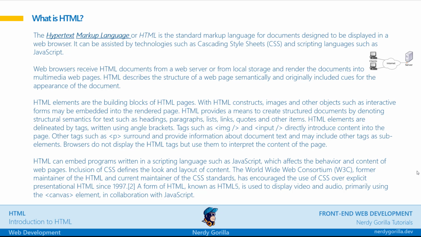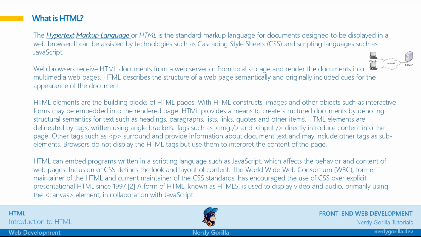Browsers don't display these HTML tags, but in reality they use them to interpret the content of the page. HTML can embed programs written in a scripting language such as JavaScript, which affects the behavior and content of web pages. Inclusion of CSS, which is a cascading style sheet, defines the look and layout of content.